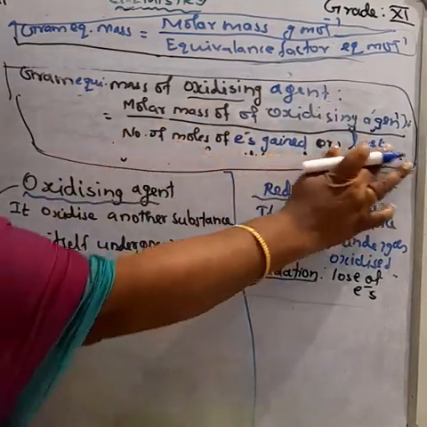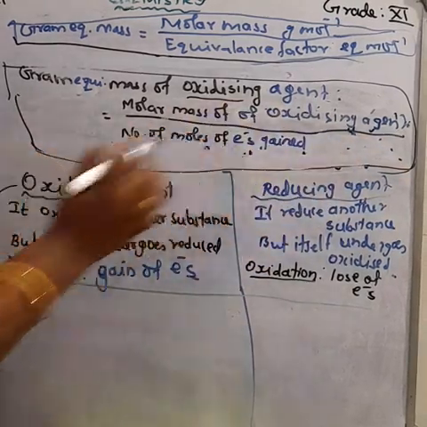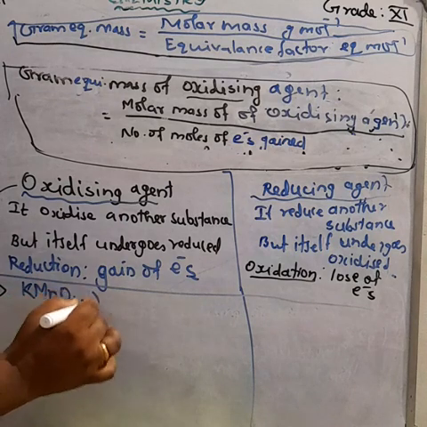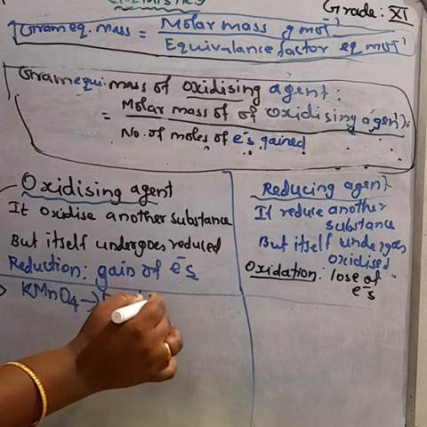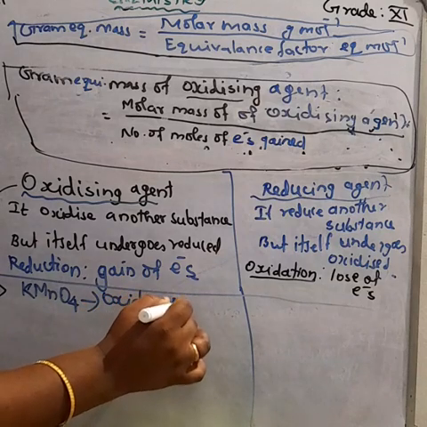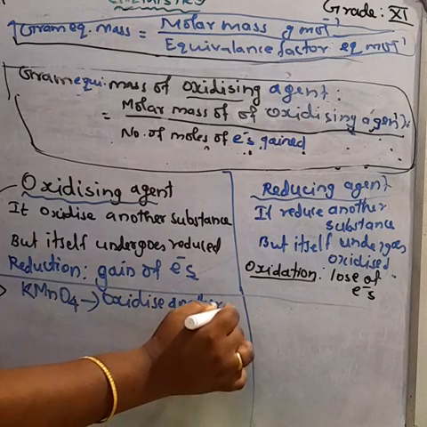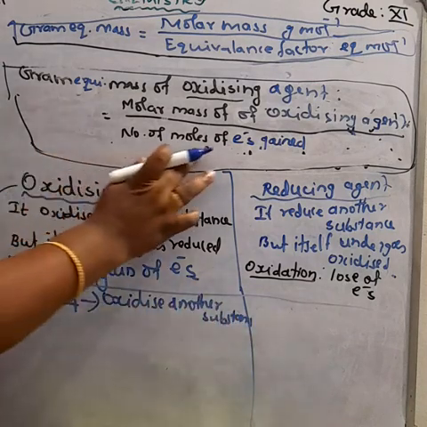What is the function of KMnO4? It is a substance that can oxidize another substance and itself undergoes reduction. Do you understand what reduction means?